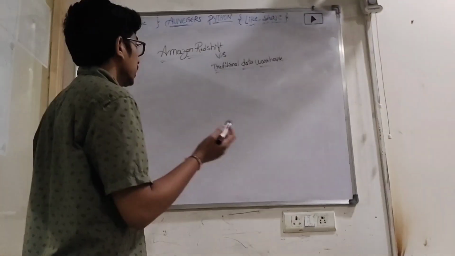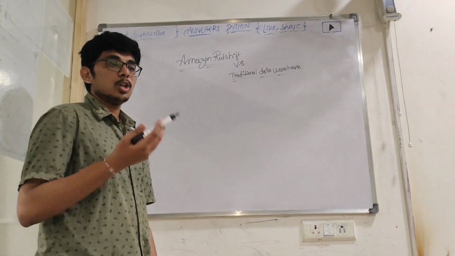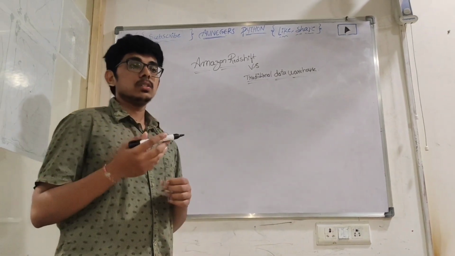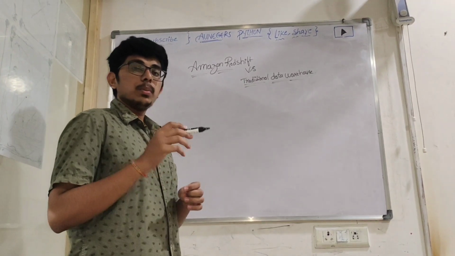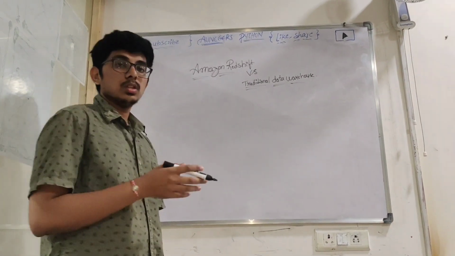Compared to traditional databases, AWS Redshift is cost efficient. In Redshift, the organization pays only for storage and the computing resources it uses.